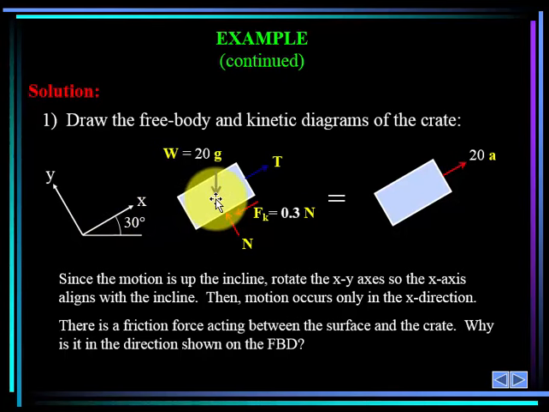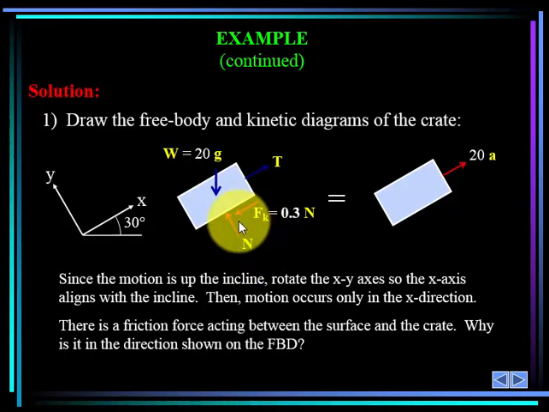Then we have the particle, and since our particle is rectangular, we're going to draw it as a block. And we have the weight of that particle acting downward. That particle is sitting on a flat surface, and there's a normal force between the surface and the particle itself. And we have a friction force that is pointed down and to the left.